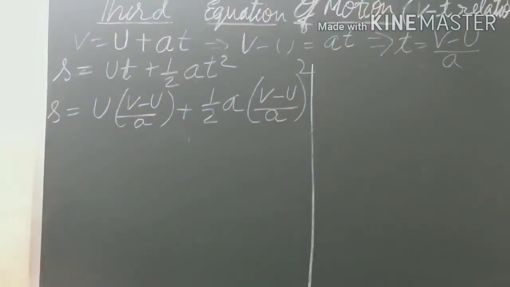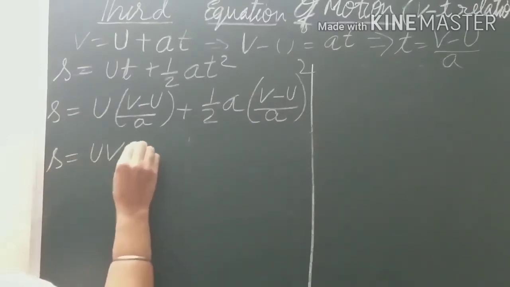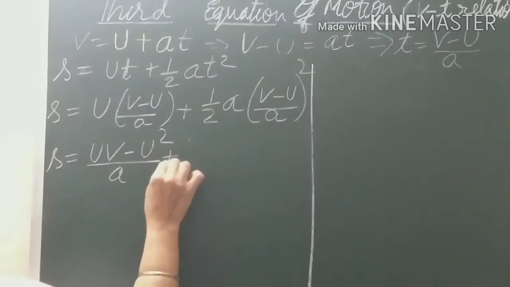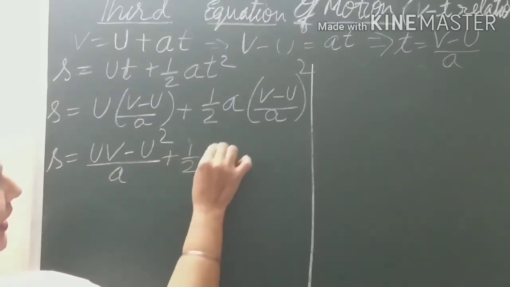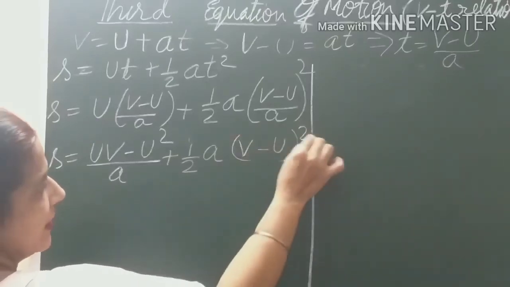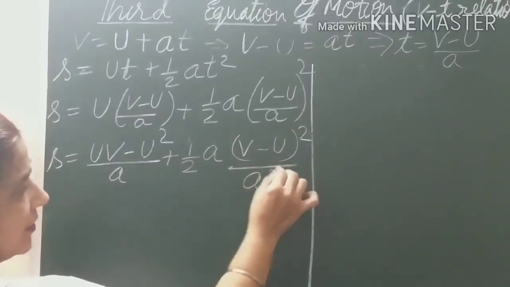Okay. Now on solving this, we will get s is equal to uv minus u square upon a plus half a into v minus u whole square upon a square.